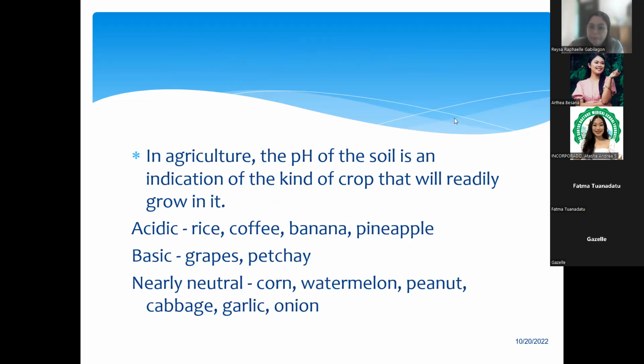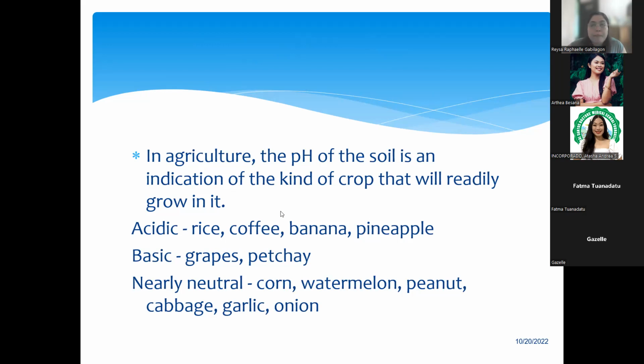Now, I've said na hindi lang siya sa human body, but for our surroundings, our things in the environment are also affected by pH. Now, even in agriculture, class, the pH of the soil determines what kind of crop is easily grown. Okay? So when the soil is acidic, pag i-test nila yung soil ng isang area tapos it's acidic, ito lang yung most likely pwedeng i-grow dyan.